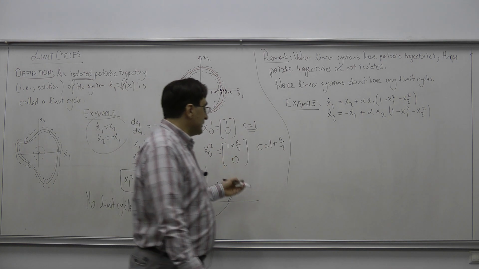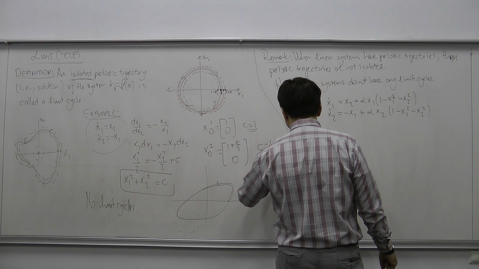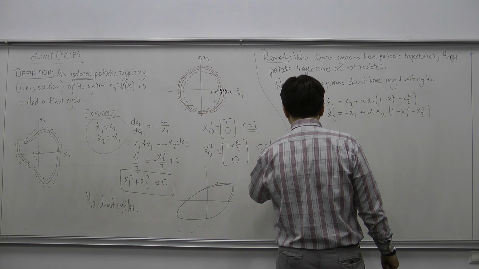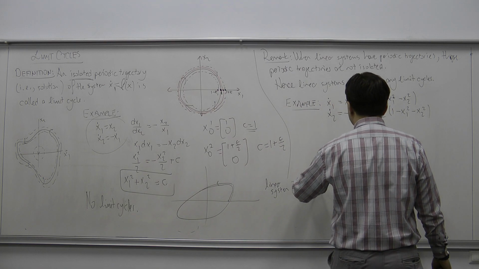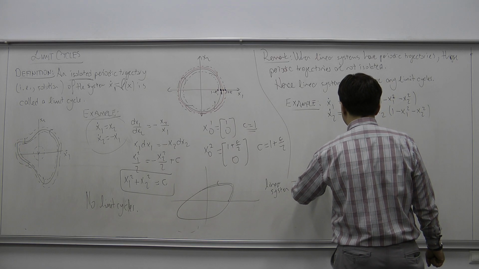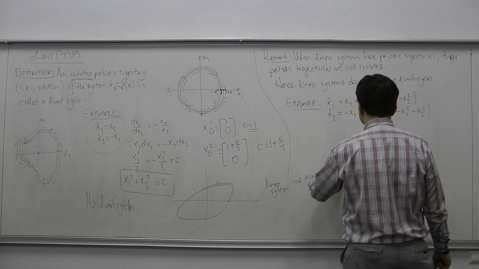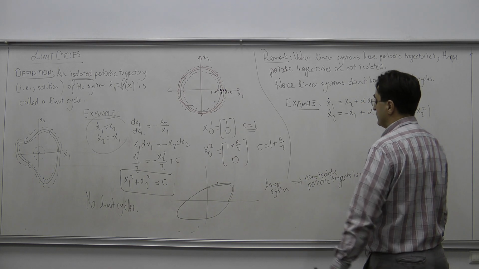So here we have an implication. If I have a linear system, then I would always have non-isolated periodic trajectories. I have an implication like this.